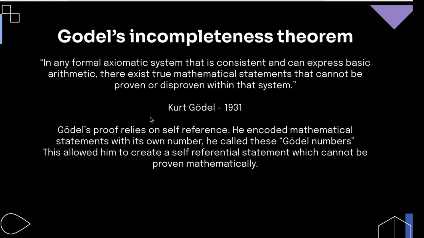Valid. So I want you to try to summarize this as best as possible. In normal humane English, you mean? Yeah, not 1930s English. In any formal axiomatic system. All right, yeah.